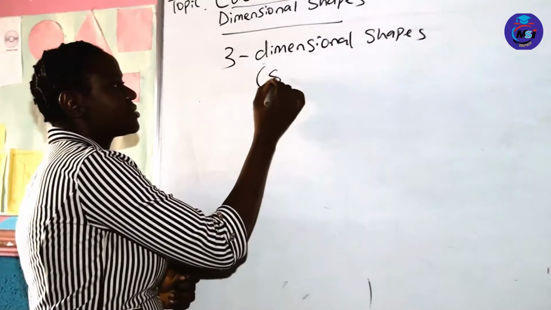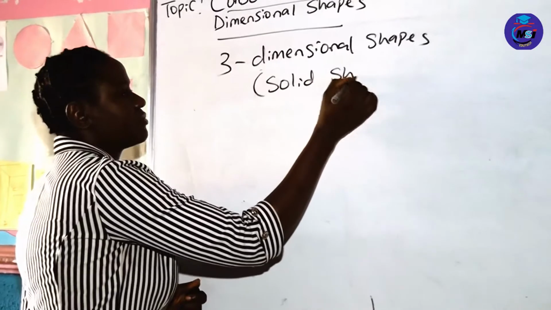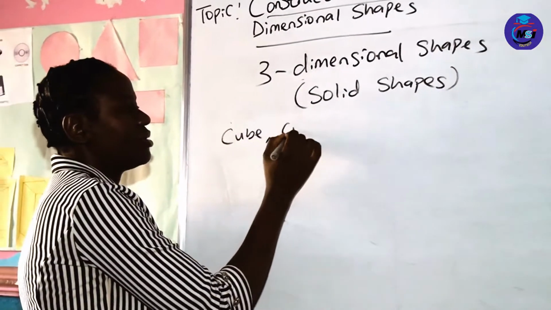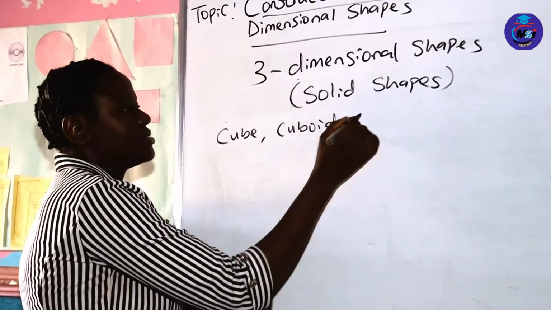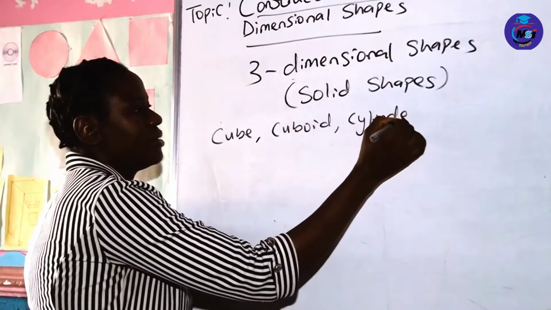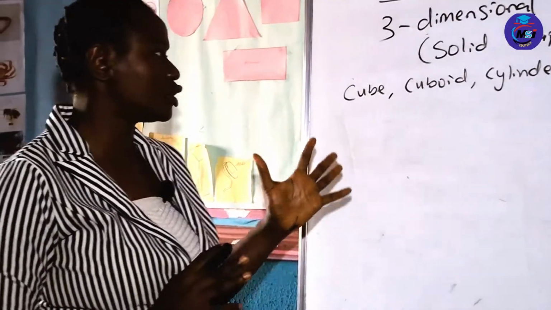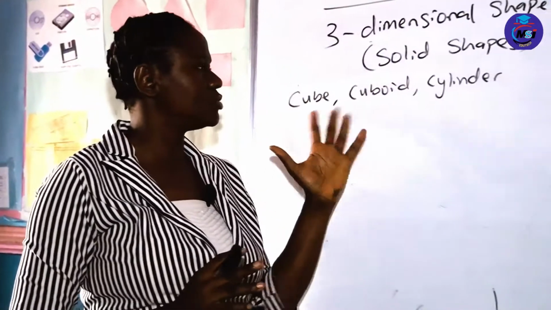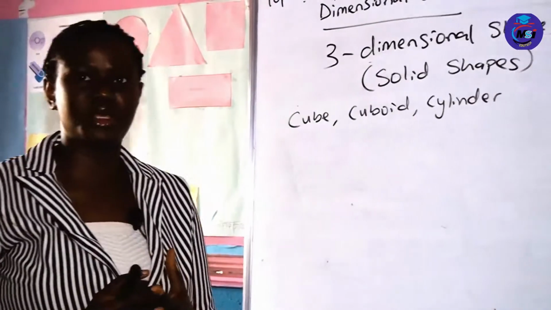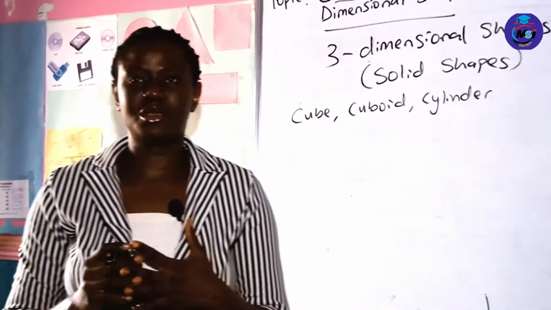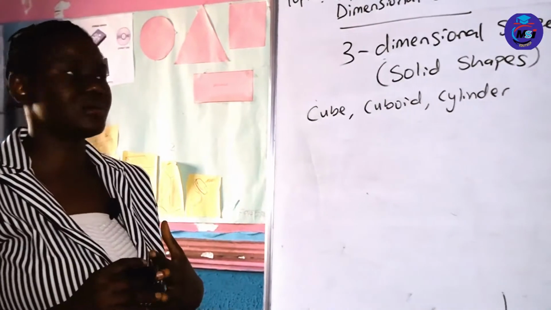Three-dimensional shapes are solid shapes. We have examples of cube, cuboid, cylinder, and so on. In our third lesson in this module, we learned how to draw the cube and the cuboid. Now we want to learn how to construct the cube and the cuboid, the cylinder also.